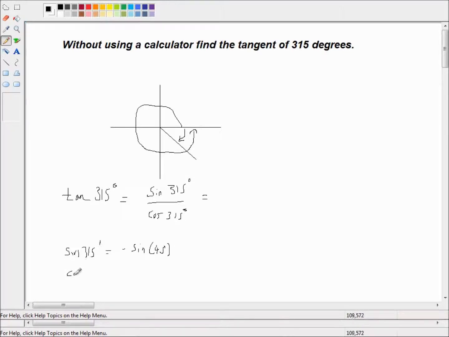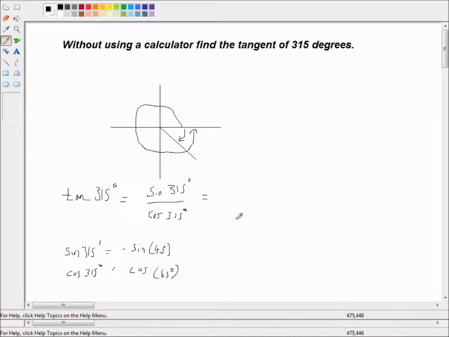And the cosine of 315 degrees is just equal to the cosine of 45 degrees. Now the sine of 45 degrees is root 2 over 2. And also the cosine of 45 degrees is the same as the sine of 45 degrees, which is root 2 over 2.